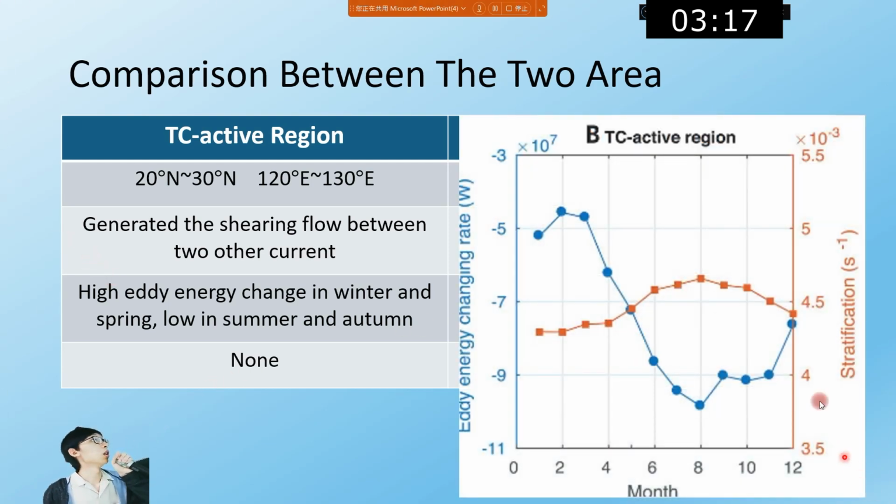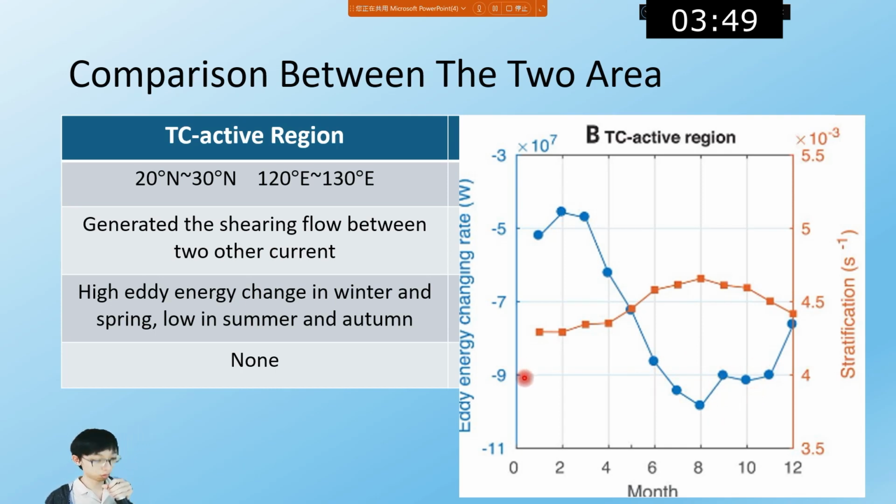And next, in this figure, we can see the blue curve is about the AD energy changing rate, and the orange line is about the stratification. There is high AD energy changing in winter and spring, and low in summer and autumn.